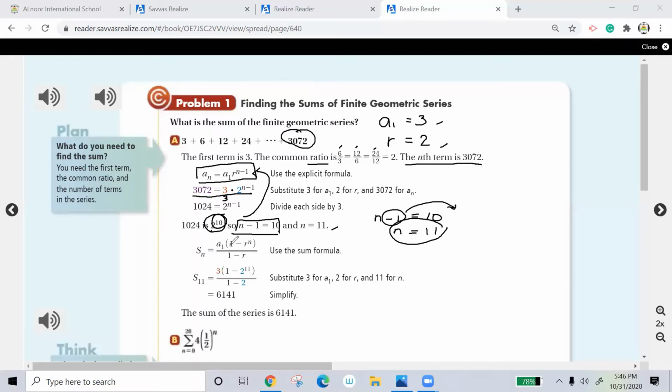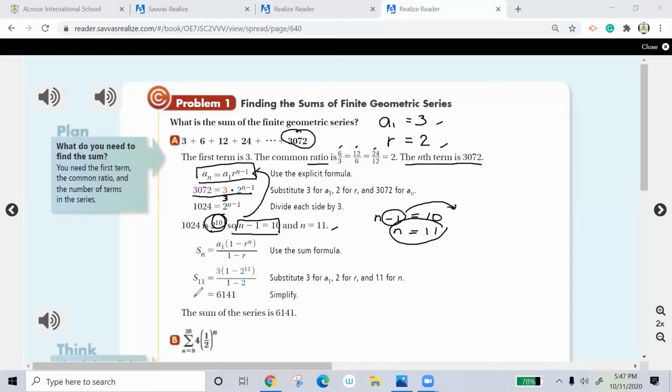With the use of the sum formula in geometric series, S sub n equals a sub 1 times 1 minus r raised to n, all over 1 minus r, wherein n is our number of terms, a sub 1 is our first term, and r is the common ratio.